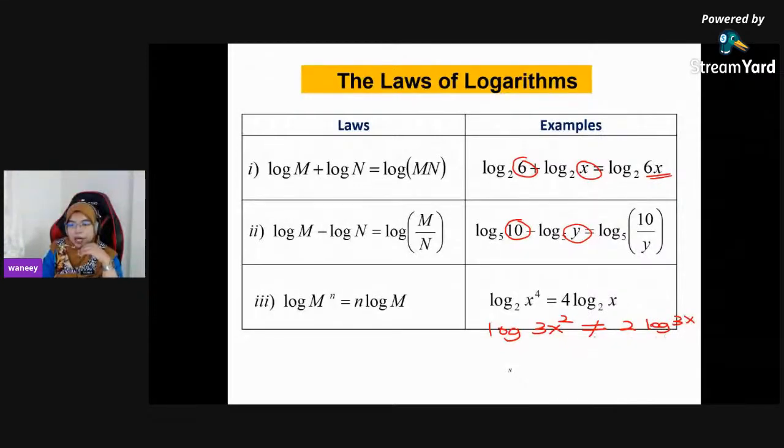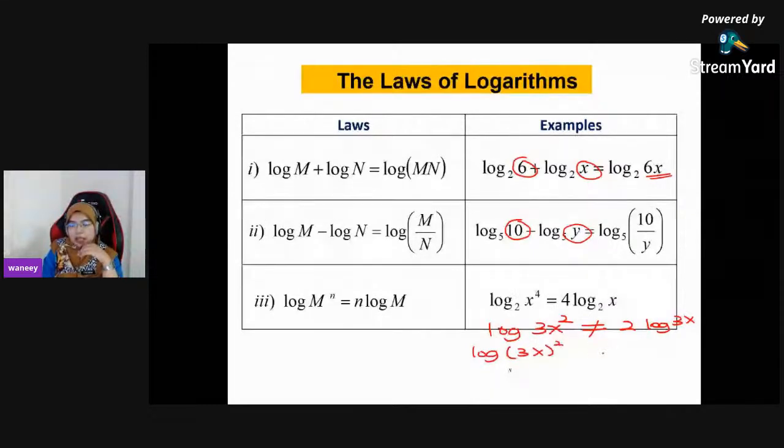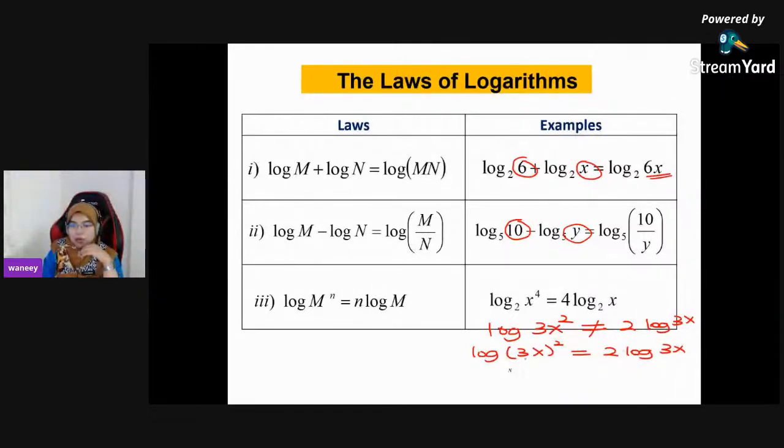Not equal. Why? Because the 2 only belongs to the x. It doesn't belong to the 3. Unless you have something like log of (3x) squared, then this is actually equal to 2 log of 3x, because the 2 belongs to both 3 and x. So dia dua-dua lah kena kuasa baru kita boleh tarik dia ke depan. Yang ini satu term je, so tak apalah. Satu benda je. Okay, next.